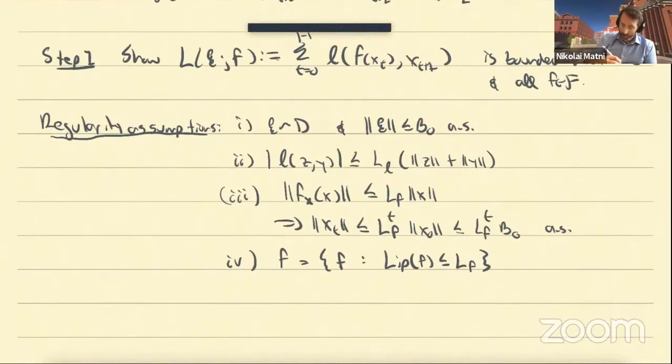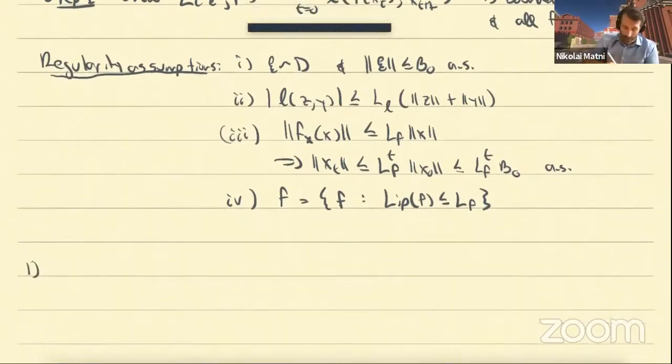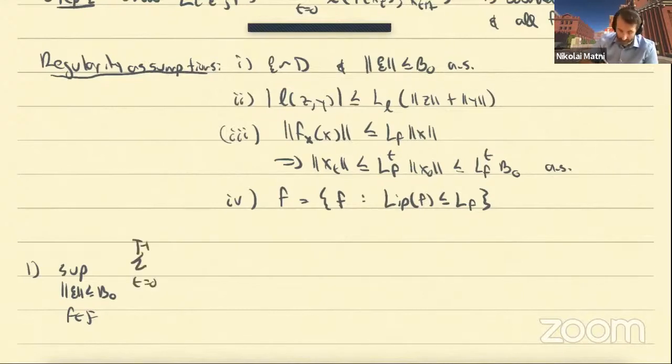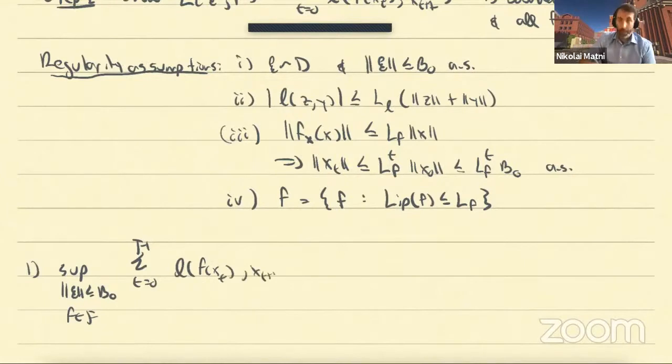Okay, so let's look at bounding this loss function. Basically, I need to look at the supremum over bounded initial conditions and functions in F of the sum over t equals 0 to T minus 1 of the loss of f(x_t) and x_{t+1}.